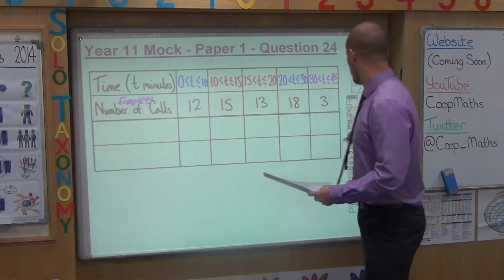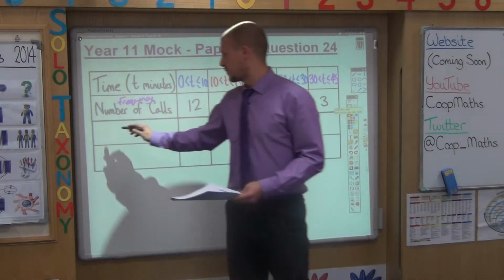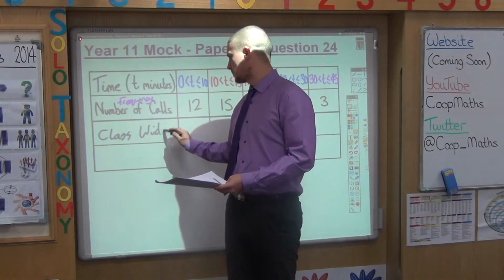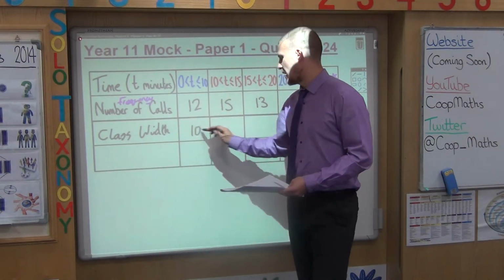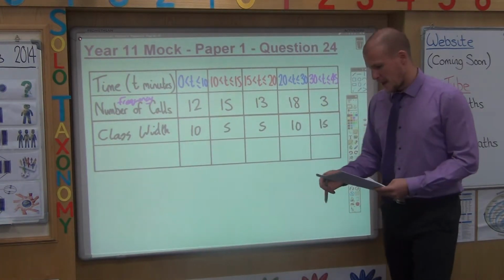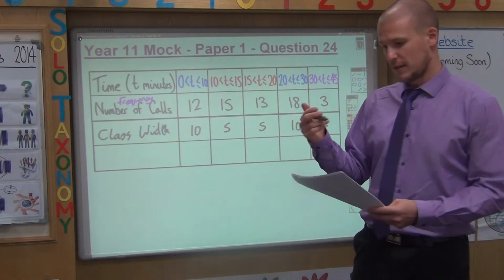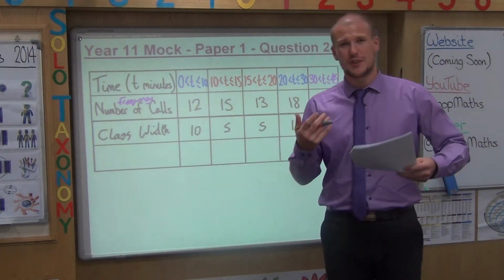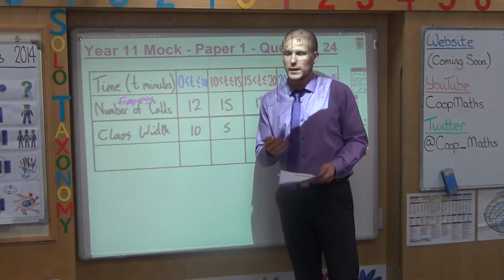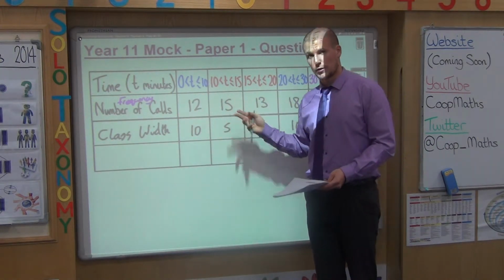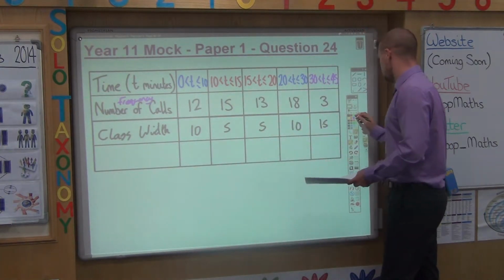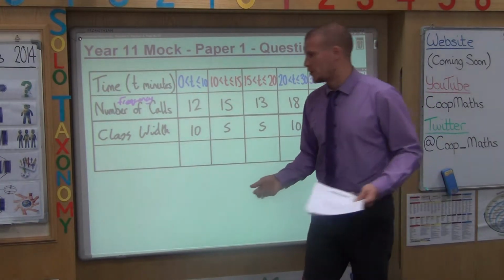What I'm talking about with pieces is the class width, or in other words, how wide each bar is. In this case, it's 10 wide, 5 wide, 5 wide, 10 wide, 15 wide. Like I said, it's sharing this frequency amongst the 10 individual bars that could be in there. It's sharing this 15 amongst the 5 equal bars that could have been there, 13 amongst 5, and so forth. Sharing is just a different word for division.